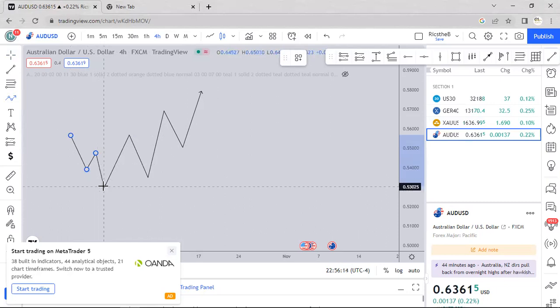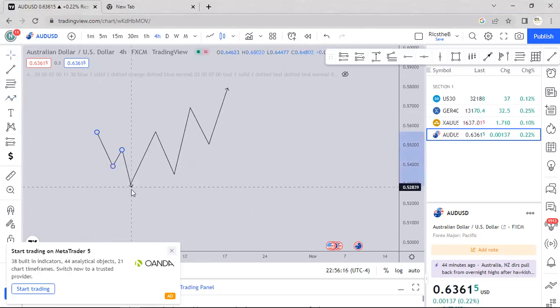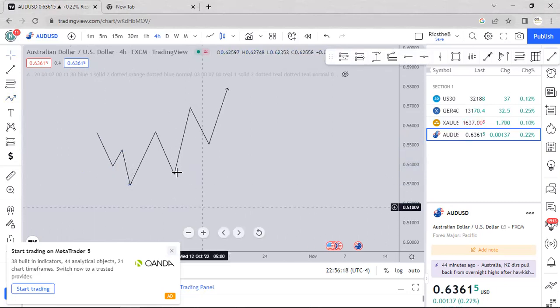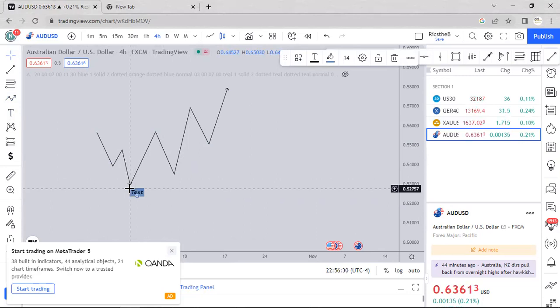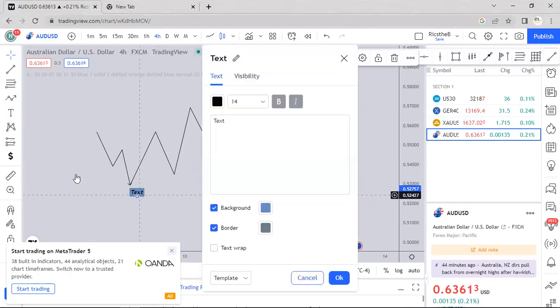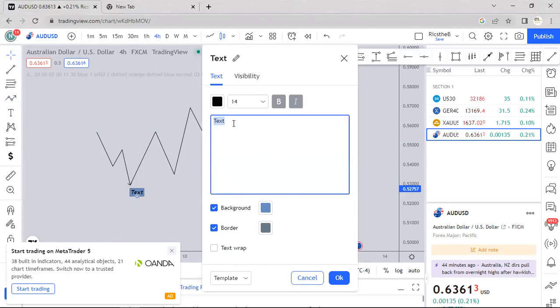I'm going to draw this just to help us have a better understanding. So let's say we moved from this lower low point. I'll abbreviate it as LL, just to make things easier. But let me write the entire thing.